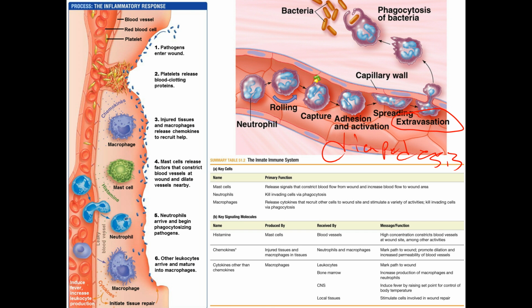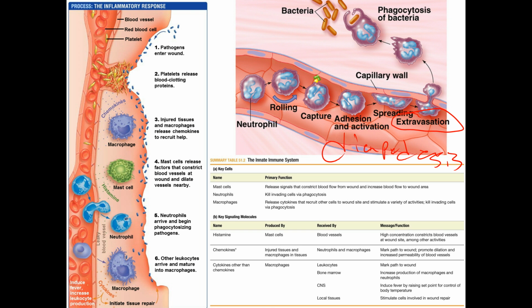Once these immune cells, these leukocytes, migrate into the tissues, they begin engulfing all the foreign cells and bacteria, and go through this process of phagocytosis and the elimination of whatever's left over through the digestive process.